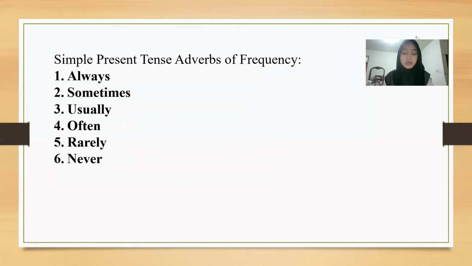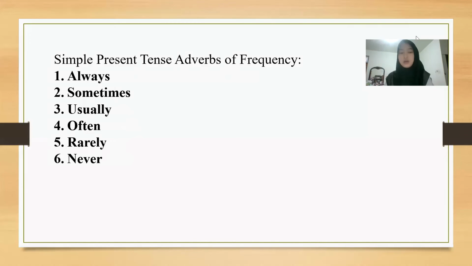And then sometimes, in an affirmative sentence: sometimes I go to the party. The negative sentence: sometimes I don't go to the party. And the interrogative sentence is: do I go to the party sometimes?